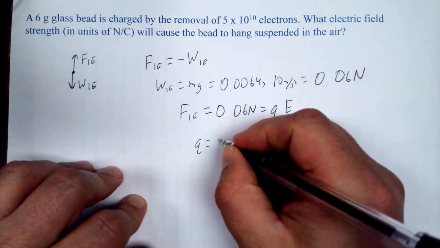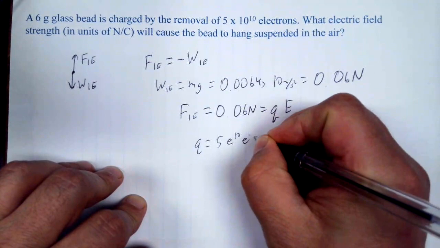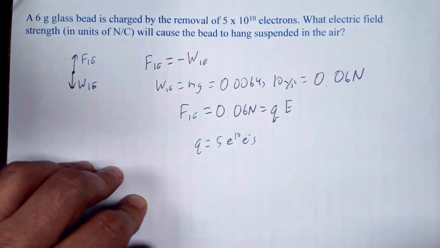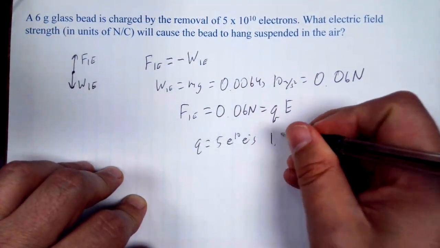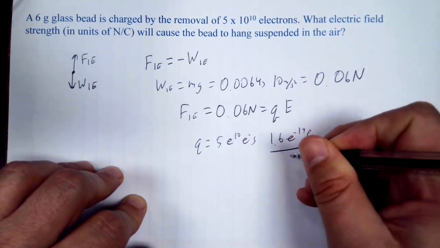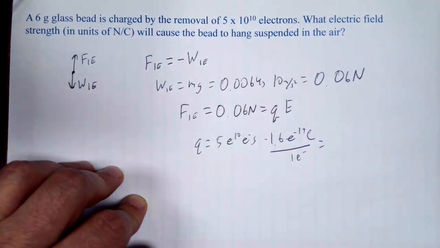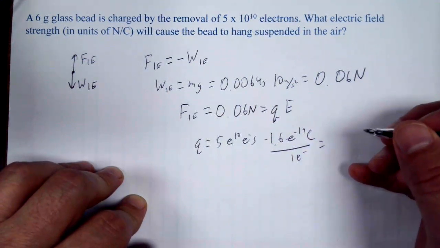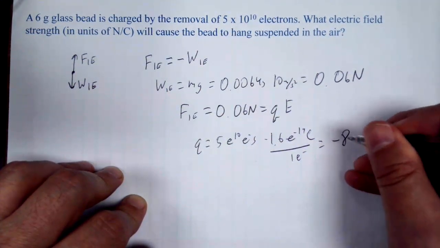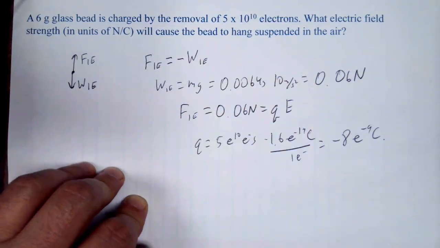So we take our 5 times 10 to the 10th electrons, and we multiply this by the charge of 1.6e to the minus 19 coulombs per 1 electron. I should make this negative since electrons are negatively charged. And so our charge is negative 8e to the minus 9 coulombs.